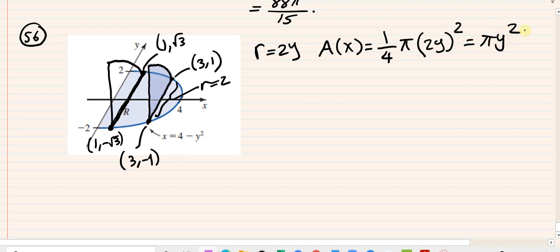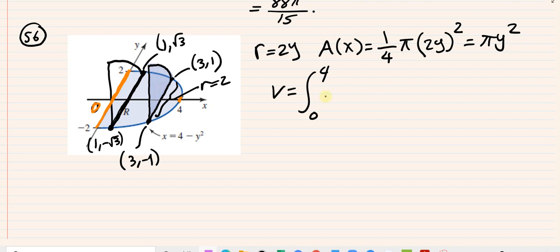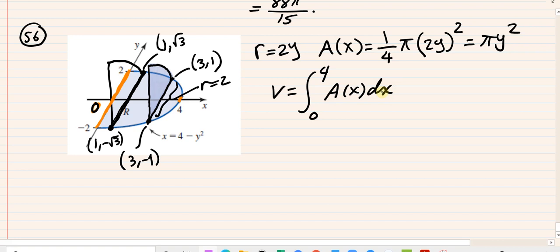and we can actually now write the volume of the solid as the integral, which goes from 0 to 4, right? These quarter circles start at 0, and they stop at 4. So it's from 0 to 4 of A of x dx, right?